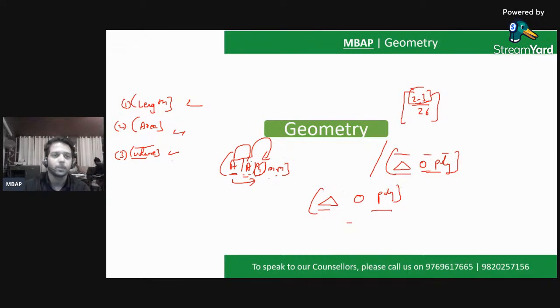We understand that length, or let's say radius, diameter, height, which will be given in units like meter or centimeter, are one-dimensional units. Area, on the other hand, is a two-dimensional unit, and volume is a three-dimensional unit.